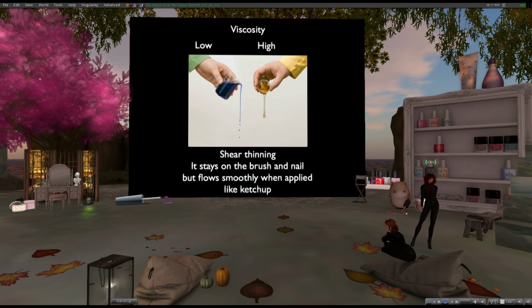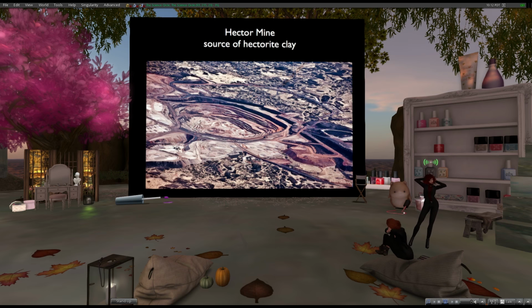But when you brush the liquid onto the nail, that's shearing it, that's spreading it, it becomes a liquid and flows and makes a beautiful level layer. This is actually physics, but we have to use chemistry to achieve the physics of low and high viscosity and thixotropic shear thinning. Who knew that all this science was in nail polish?